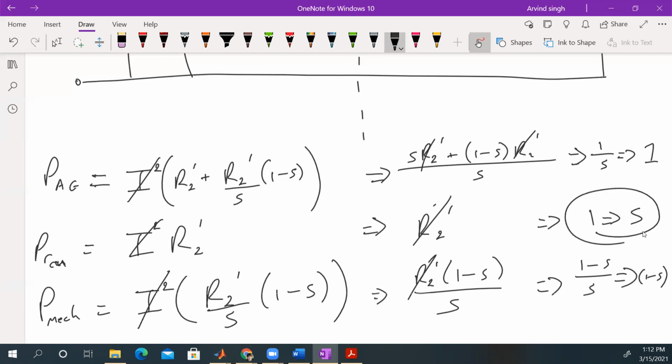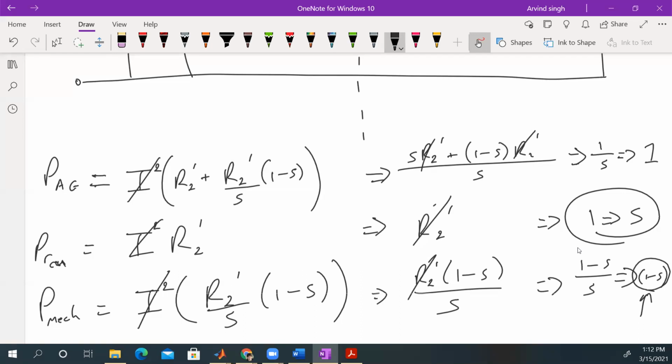And the power that goes into the mechanical side is this, right? So this shows us how this power is divided according to the slip. So the slip tells us the ratio that stays in the electrical side, and the part that goes into the mechanical side, right?